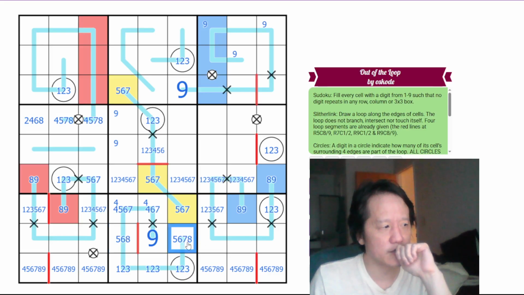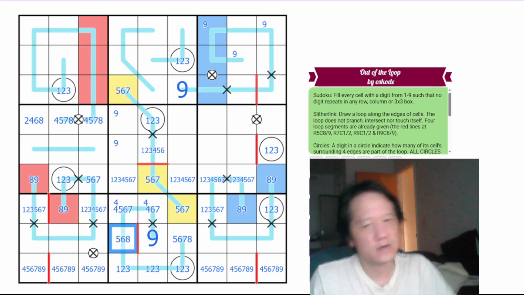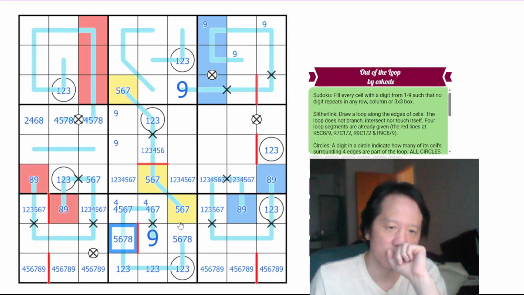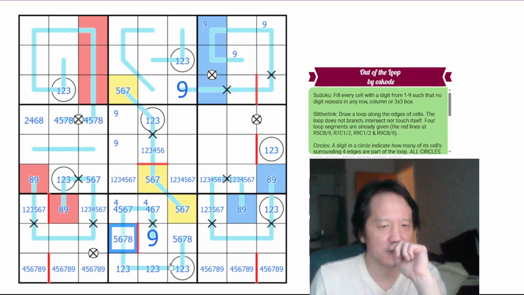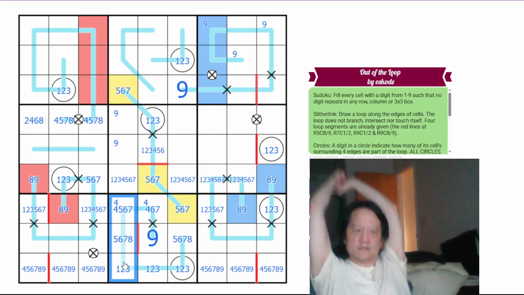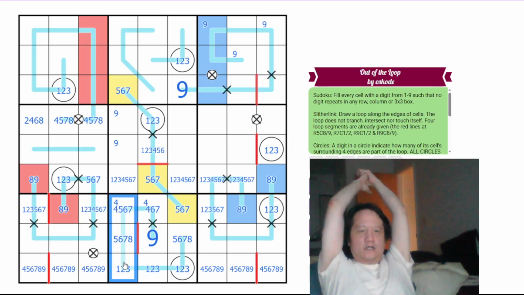It would be 8, 2, and 3 here. This would be 1. So you'd have 1, 5, and 7. This could be 1, 5, 7 here to add up to 13. And that could work. So this is kind of, yeah. Not sure.